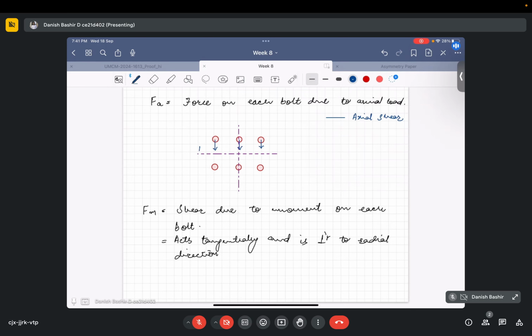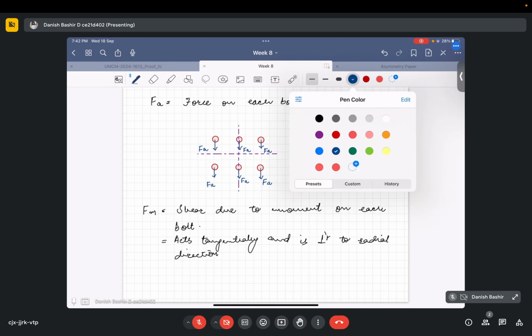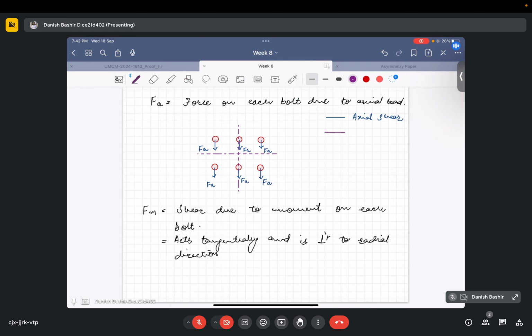Axial shear FA, FA, FA, FA, FA, and I am denoting it by violet color. Now I am denoting the shear due to moment.